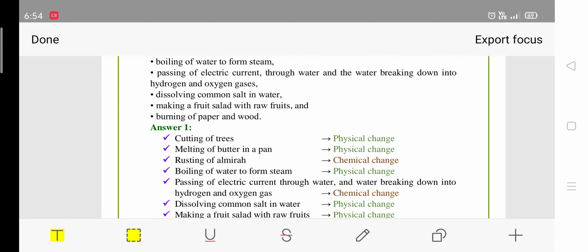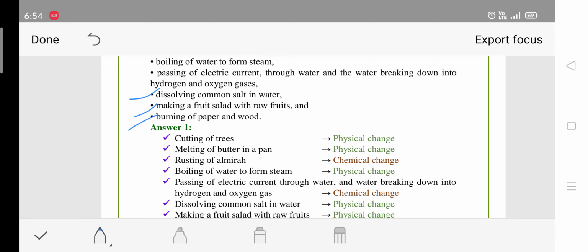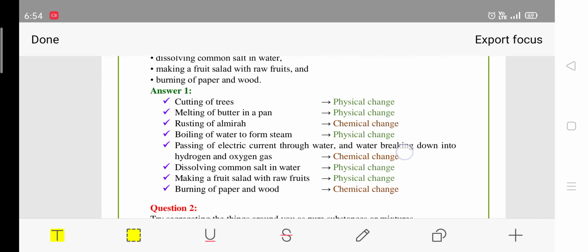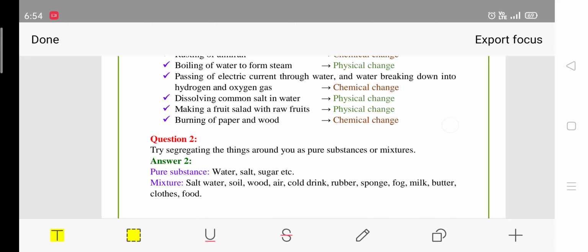Here no new substance is formed, so this is a physical change. Next, making a fruit salad with raw fruits is also a physical change. Burning of paper and wood: here after burning you get ash, so this is a chemical change.